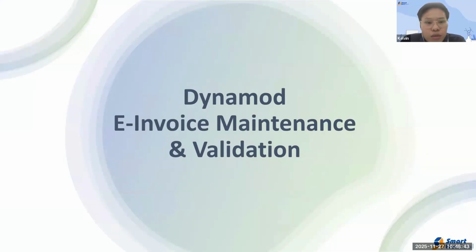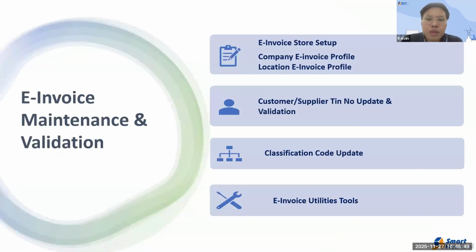So let's go to Dynamod e-invoice maintenance and validations. In our system, there are some settings we need to set. First, we need to set up the e-invoice store setup, company e-invoice profile setting, and location e-invoice profile setting.